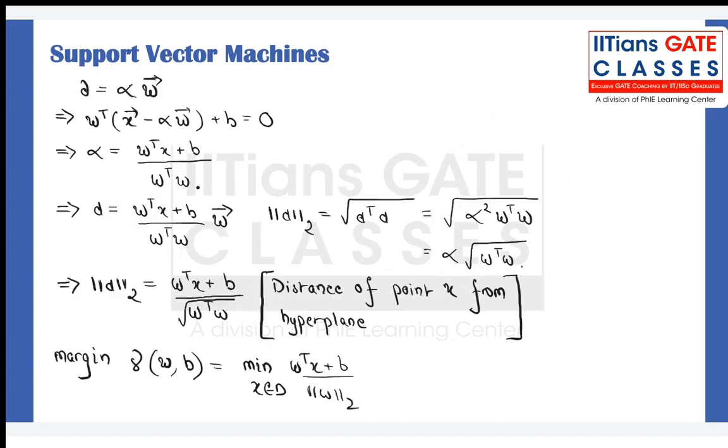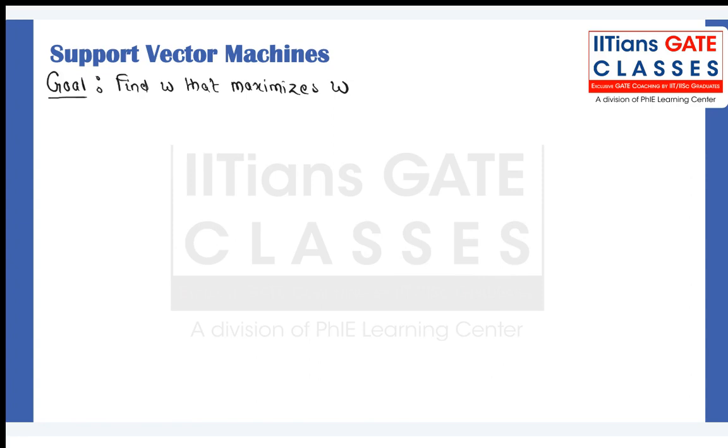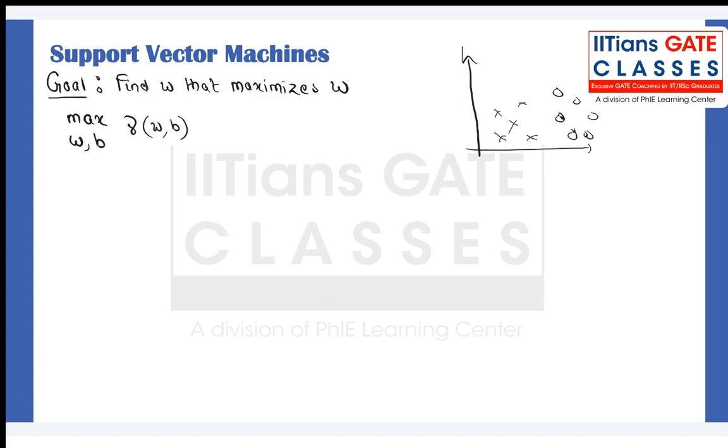In essence, I want to find the maximum value over W comma B of the margin gamma of W comma B, and the corresponding values of W and B. If I have a data set, let's say this one, this could be my margin, and this could be my W, which has the maximum margin.